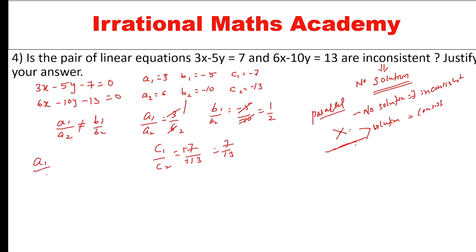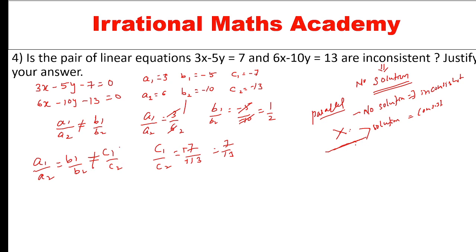If A1 by A2 is not equal to B1 by B2, then it is an intersecting line. Here in our case, A1 by A2 is equal to B1 by B2. If it is also equal to C1 by C2, then it is a coincident line, and if it is not equal, it is parallel. Here A1 by A2 is 1 by 2, B1 by B2 is 1 by 2, and C1 by C2 is 7 by 13, which is not equal.